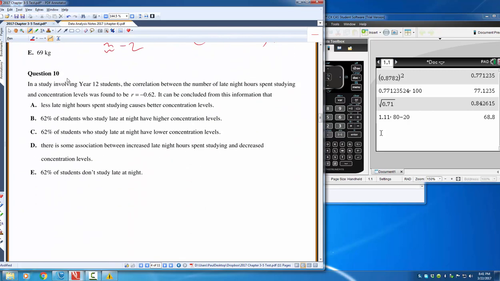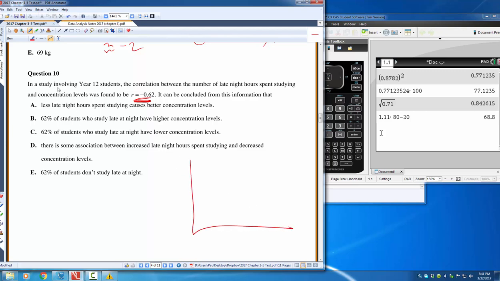Alright, in a study involving Year 12 students, the correlation between the number of late hours spent studying and concentration levels was found to be that. It can be concluded from this information that, alright, let's see, less late night hours spent studying causes better concentration levels. Well, I don't know, maybe.